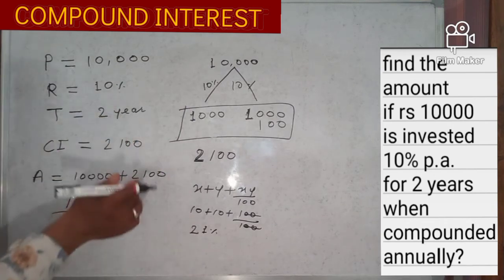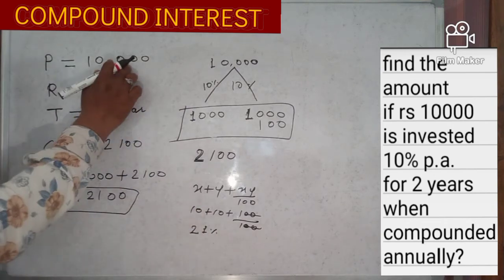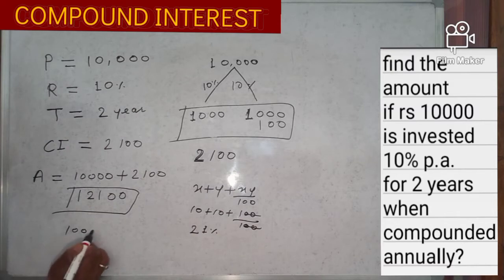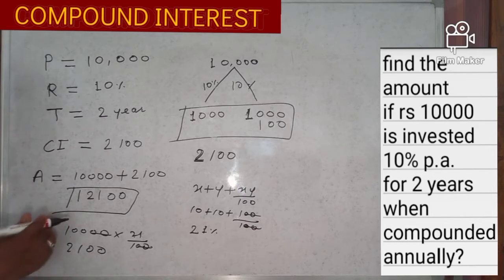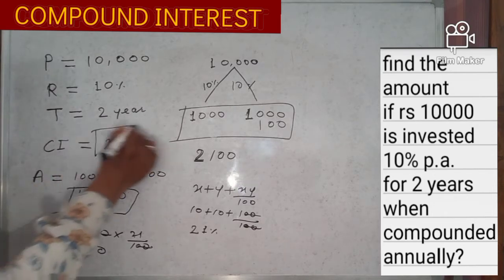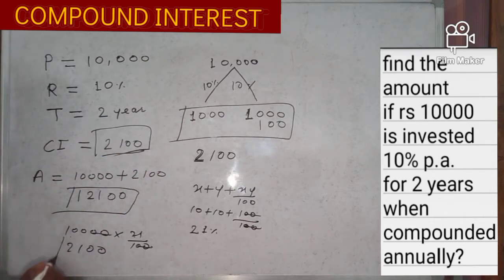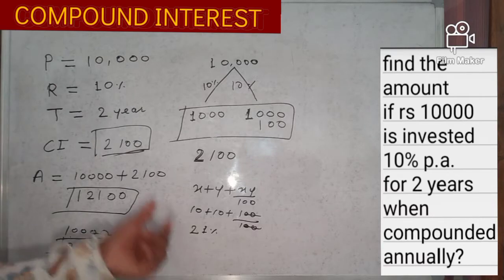What will be 21% of this amount? So 10,000 into 21 by 100. So 0, 0 cancel, 21 into 100 will be 2,100. So compound interest is 2,100. So we can solve like this and like this.